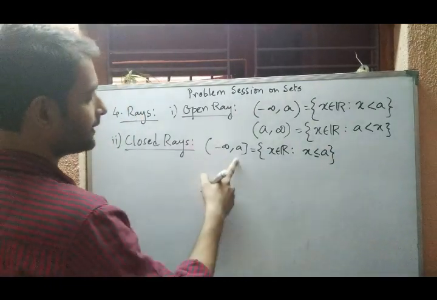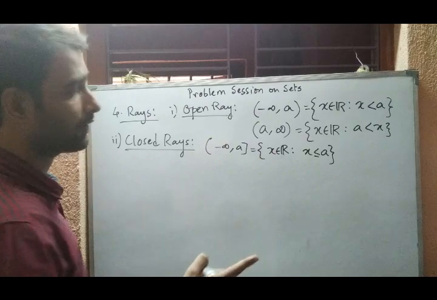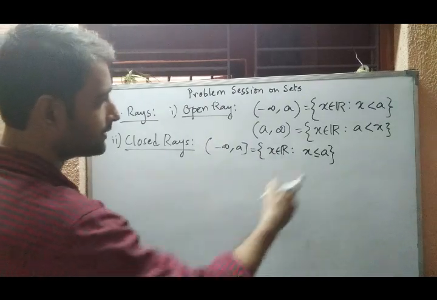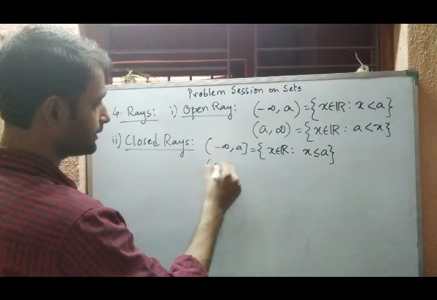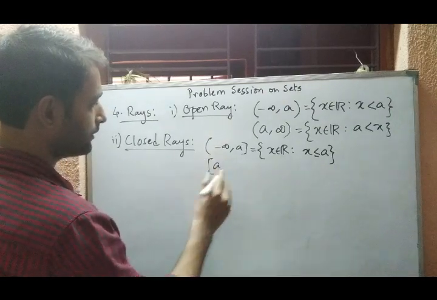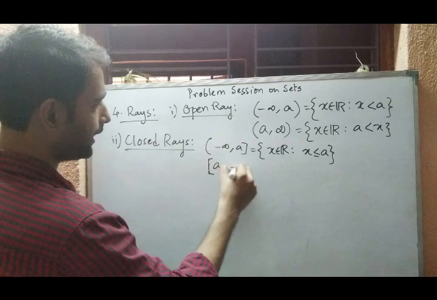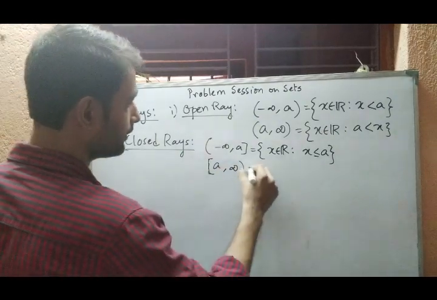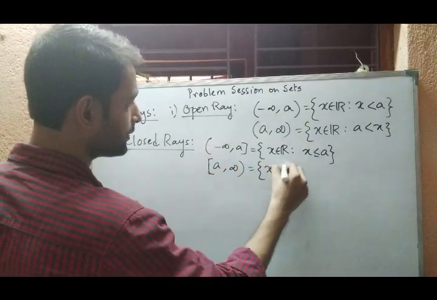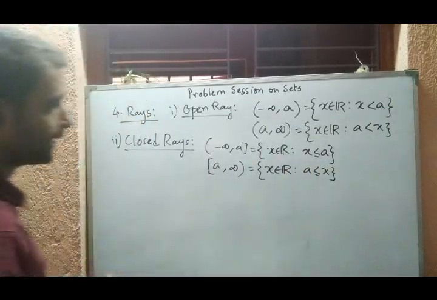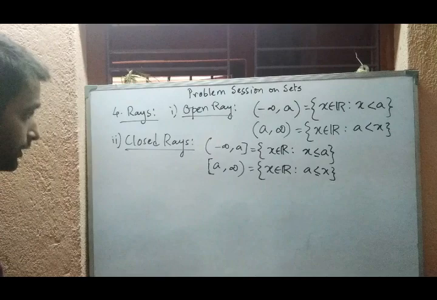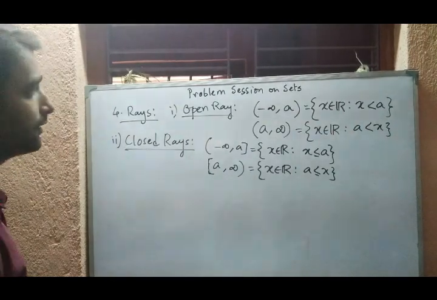You can say in this interval the maximum number which lies in the interval is a itself, and the other one is this, [a, ∞). It is closed on the side of a and open at infinity. So it is again the collection of all real numbers which are greater than or equal to a. So these four types of rays are there.